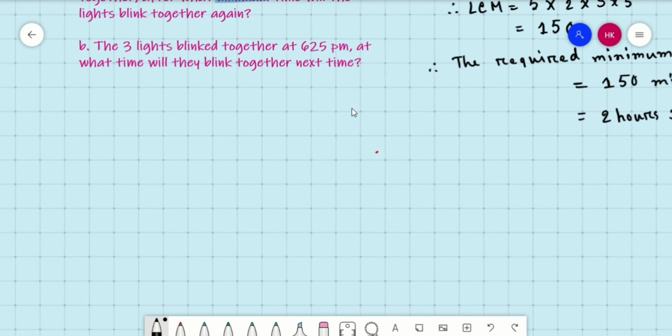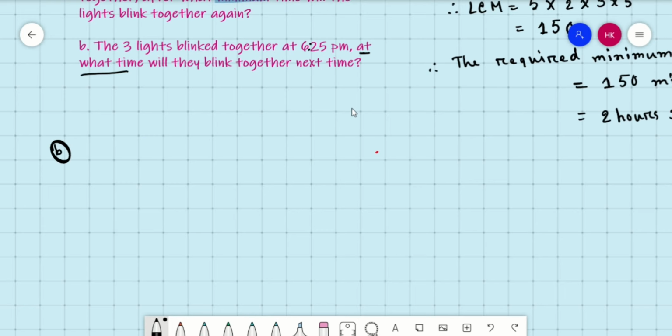Question number B. Question number B asks, the three lights blink together at 6:25 p.m. What minimum time will they blink together again next time? At what time? So this question just asks at what time. That means we know that after 2 hours and 30 minutes they will blink together again.